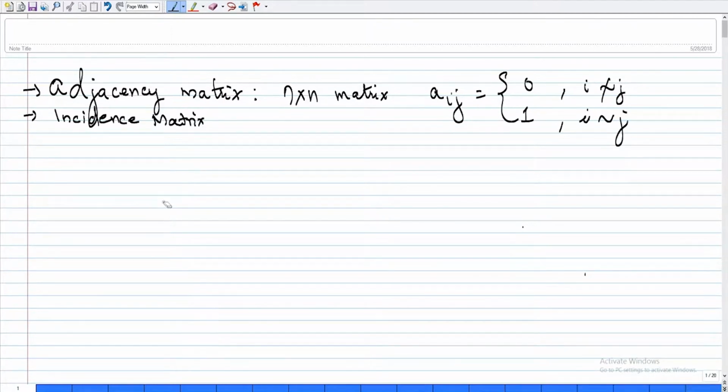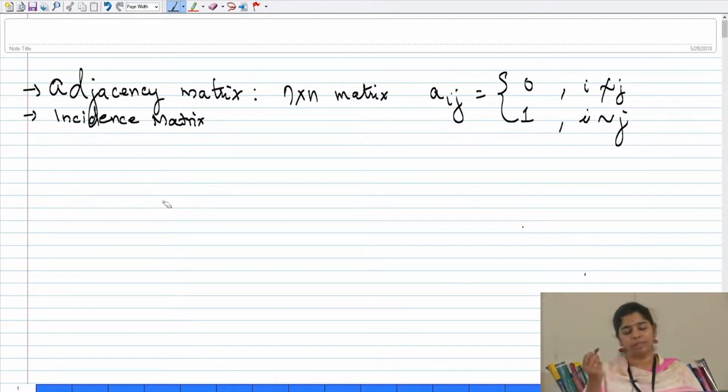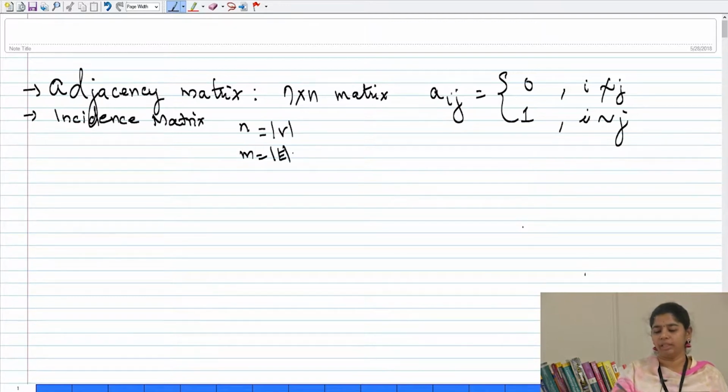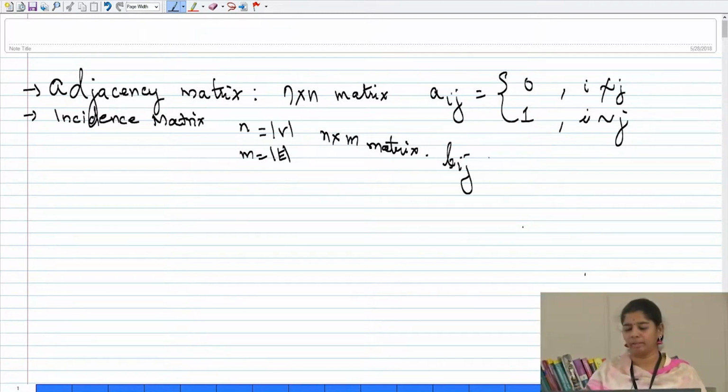And what about the incidence matrix? It's an n cross e matrix. So what is the e? Number of edges. In standard books, n is the number of vertices, and if m is the number of edges, then we say it's an n cross m matrix. So how do you define the matrix? We have B_ij as a matrix.